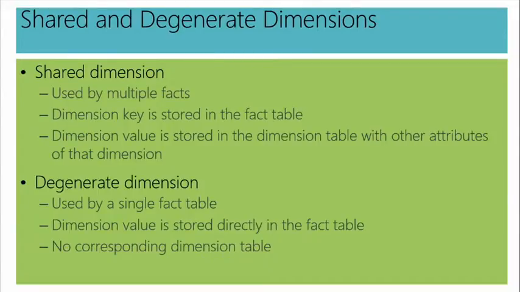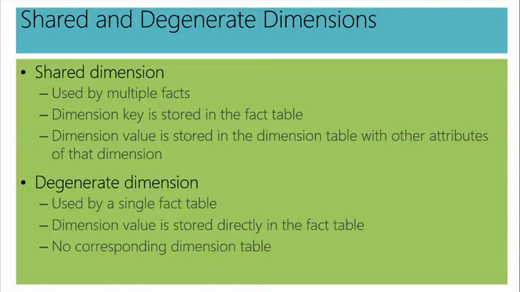A shared dimension is a dimension that is used by multiple facts, multiple measures. It is stored in the dimension table and connected right in. The key is in the fact table. The values themselves are in the dimension table, along with the other attributes of that dimension. It's when it's used by multiple measures in multiple scenarios.